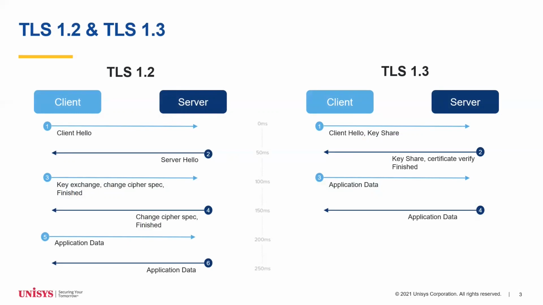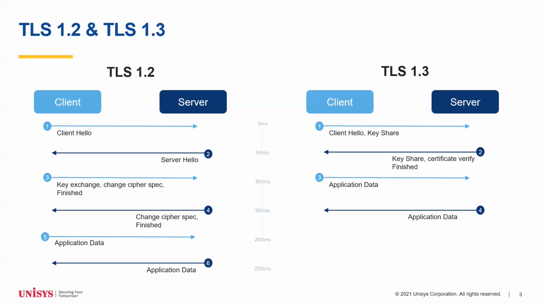Similar to the TLS 1.2 handshake, the TLS 1.3 handshake commences with a client hello message with supported protocols, a list of supported cipher suites and algorithms. The server validates the client request. Then the server sends the hello message with the server certificate, the server's key share, as well as the server's finished message.